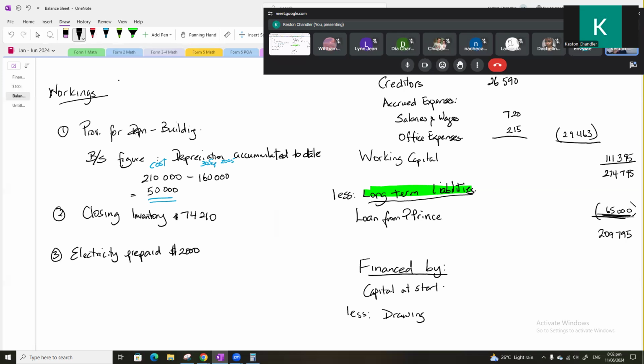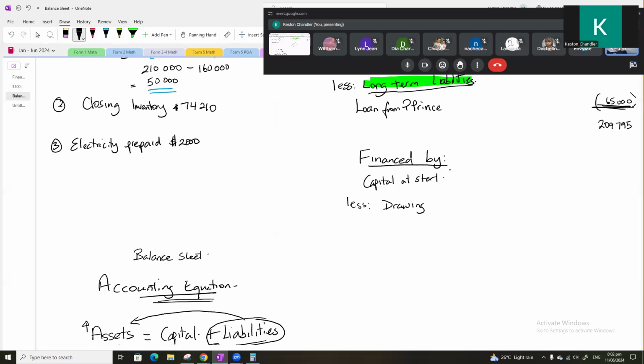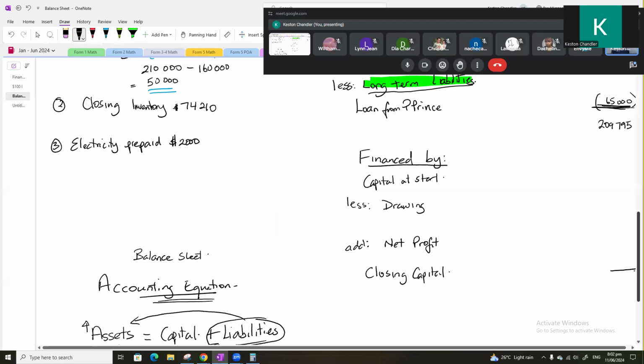After which we can add our net profit or net income. This is the income that we've made during the period. And that's going to give us our closing capital.